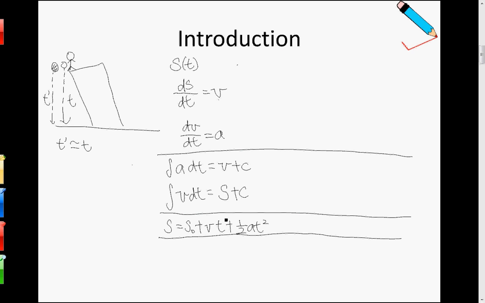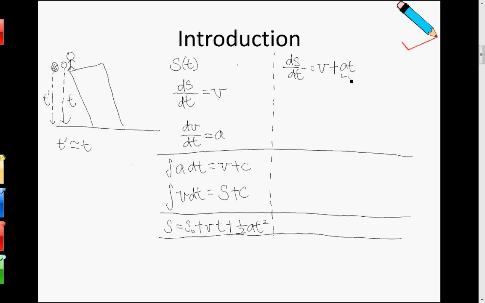Okay, so you can see that if you differentiate s one time, ds dt, what I would get is equal to v plus half a t, which will become just a times t.